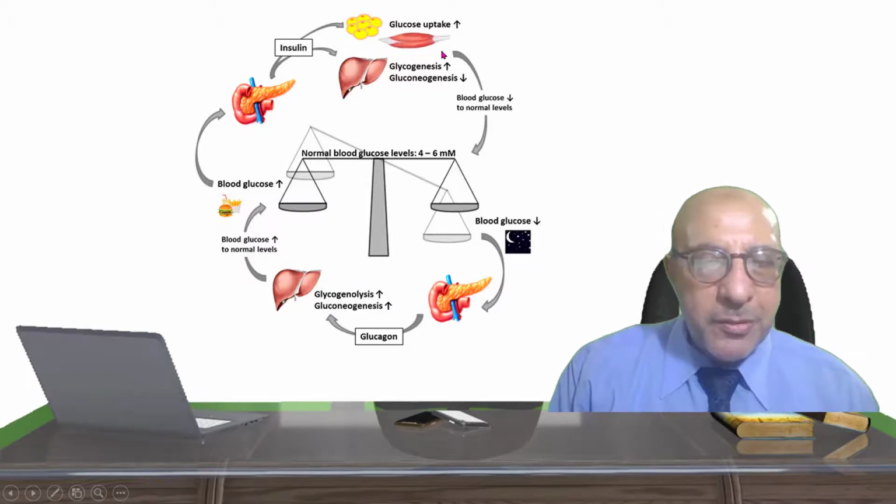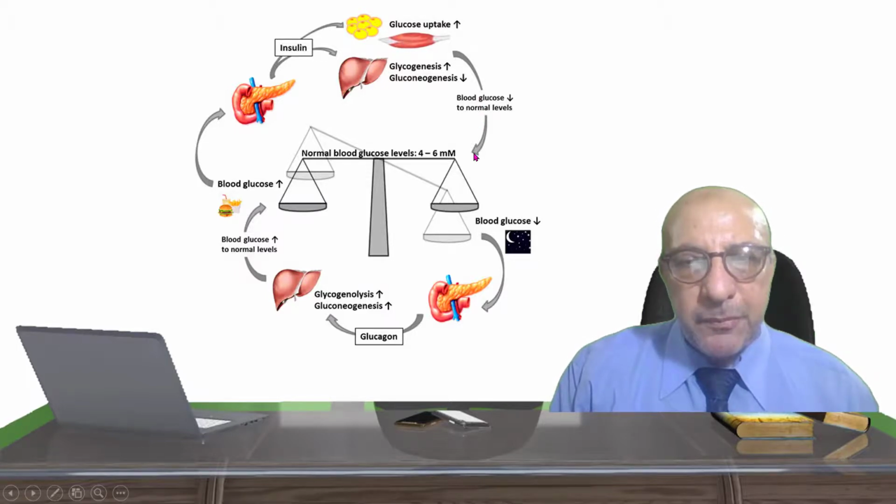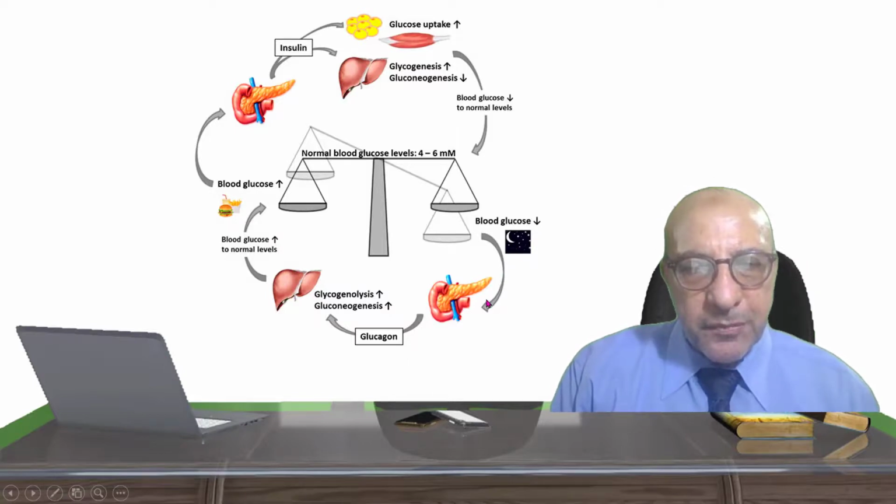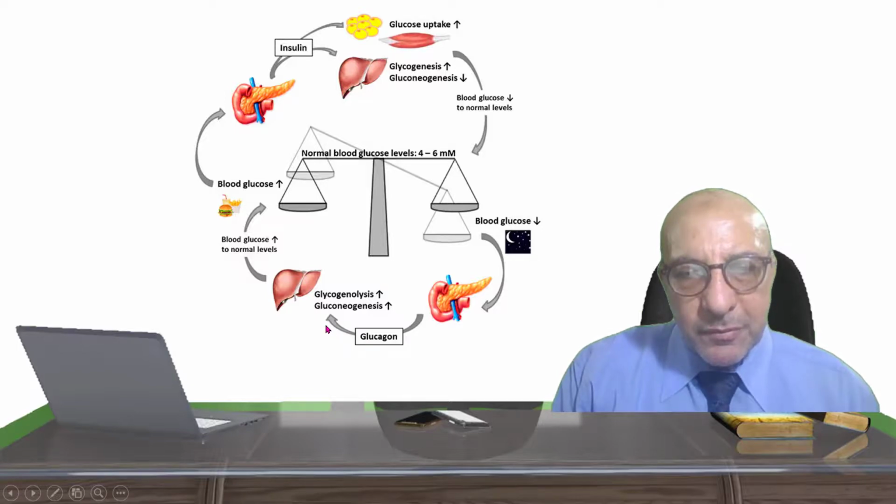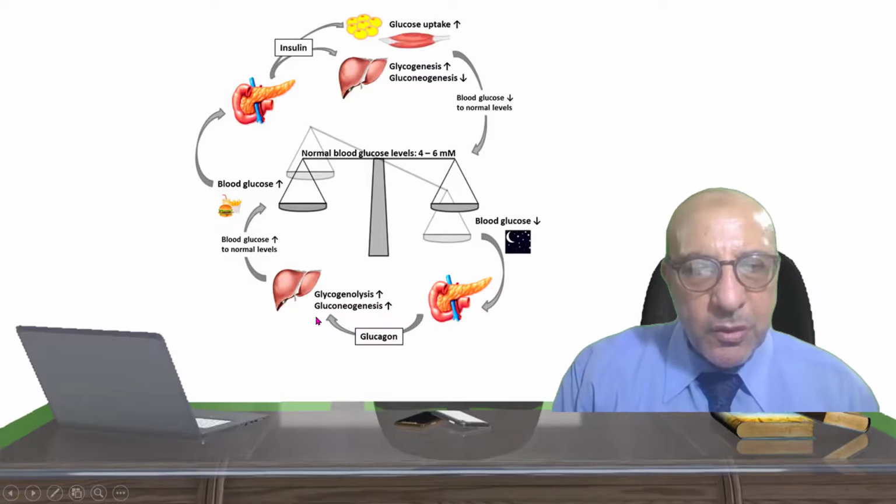The opposite happens between meals and in the fasting state. With a decrease in the blood glucose level and the decrease of insulin, glucagon is secreted from the alpha cells of the pancreas, which work to maintain the blood glucose level by glycogenolysis, the degradation of glycogen to glucose in the liver, and gluconeogenesis, the generation of new glucose from amino acids in the liver also, so that blood glucose rises back to normal.